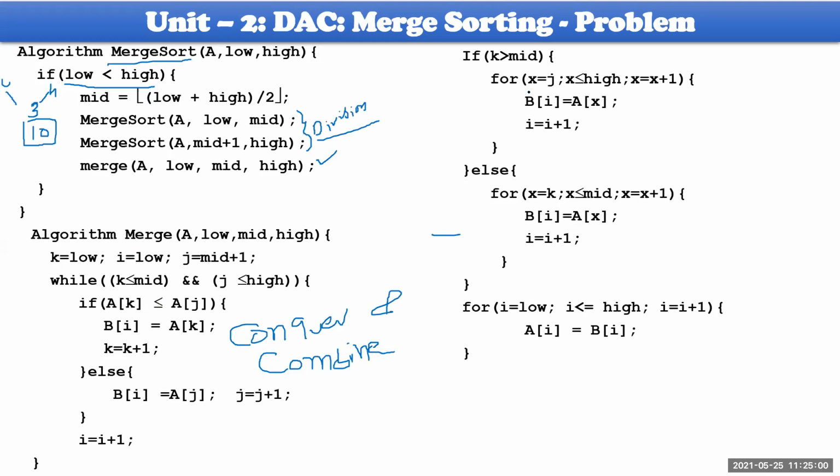Here every time we are using a temporary location B. The same temporary list is being used here, so this temporary usage takes a huge amount of space. After completion of everything, we have to copy the same list back into the original list, and it will be sent to the user. That is the point we have to consider.